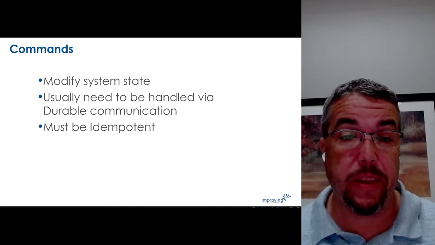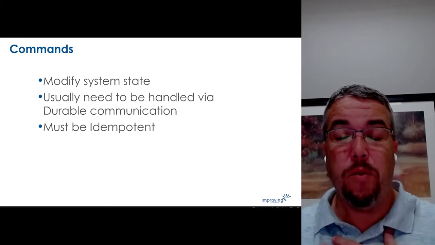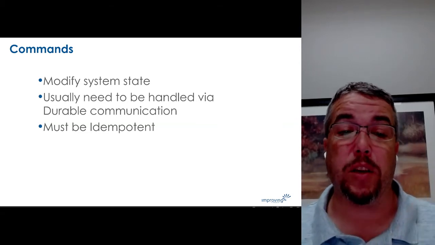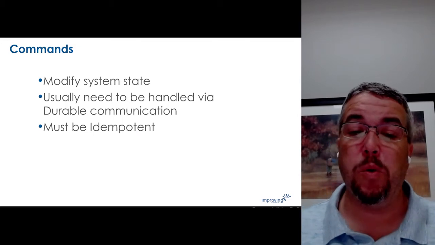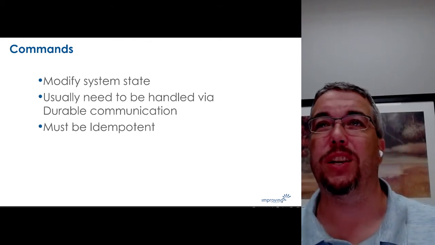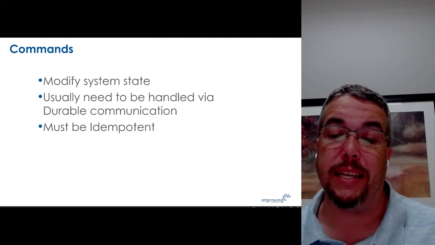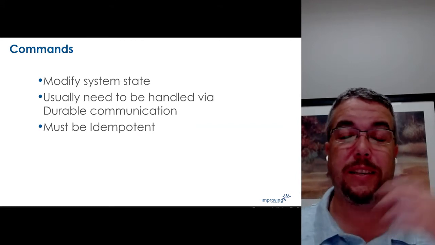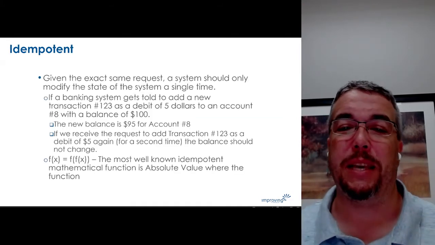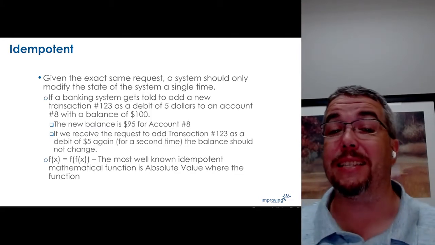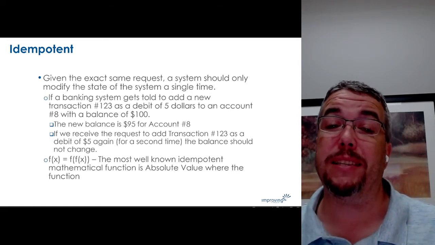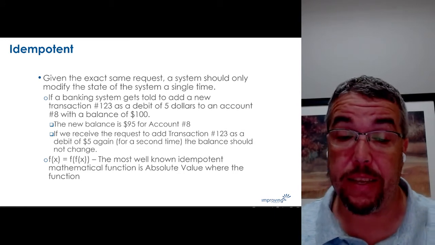Now, when you're looking at distributed systems, the other key thing is you are going to want to cut corners and make the decision that commands do not need to be idempotent, which is a big fancy word that essentially means that given the exact same request, a system should only process that request a single time.